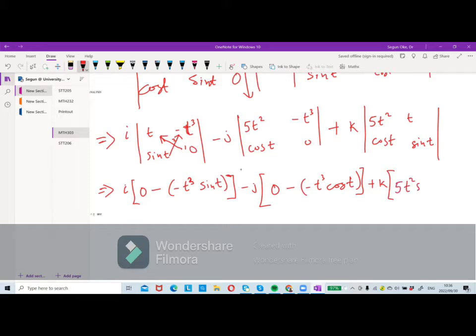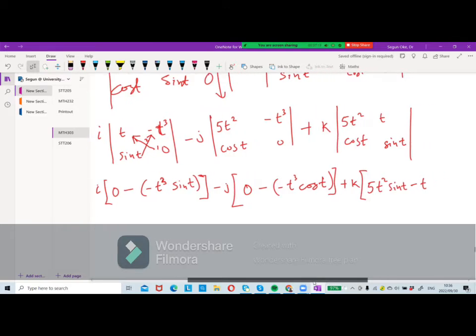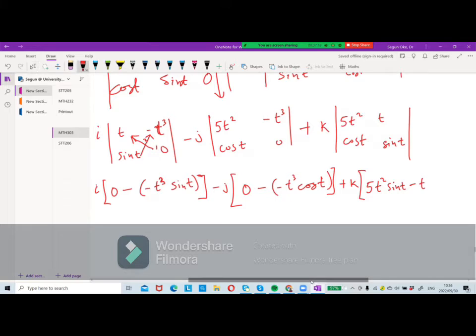5t squared sine t minus t, minus t cos t.